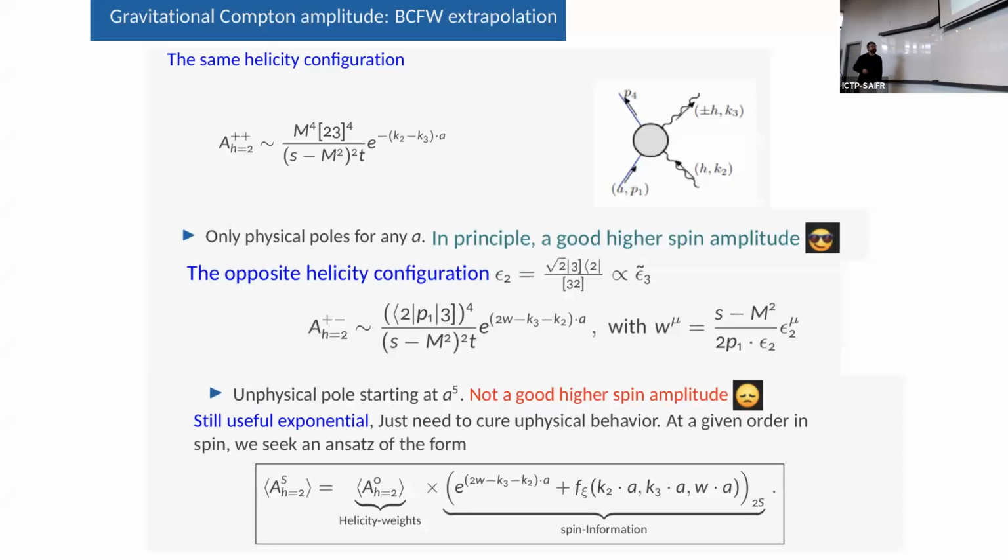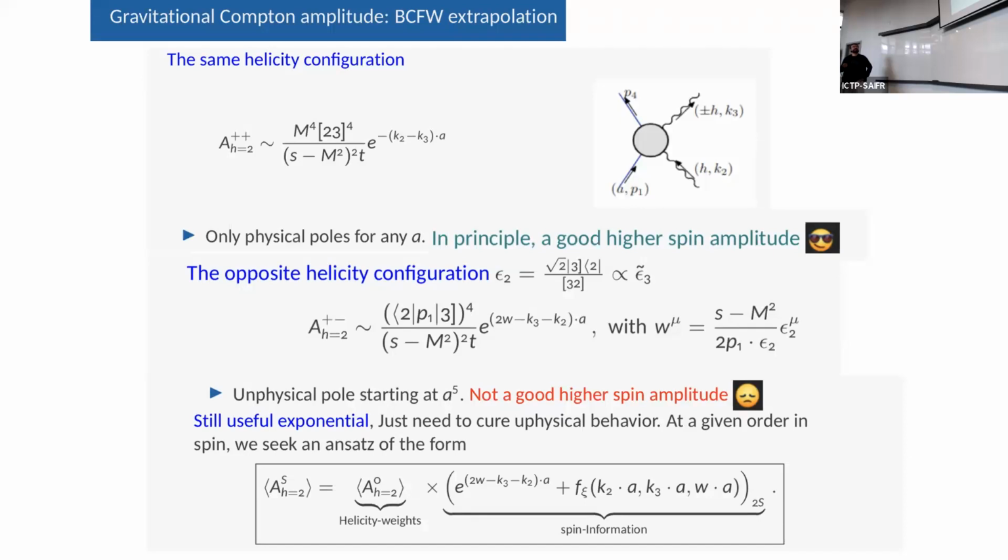So what does the amplitude look like from a QFT setup? As I told you, there are two helicity scenarios, the helicity preserving and the helicity reversing scenario. For the helicity reversing scenario, the Arkani-Hamed-Huang-Huang form of the amplitude has a very nice exponential structure.